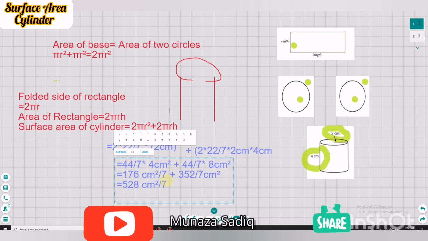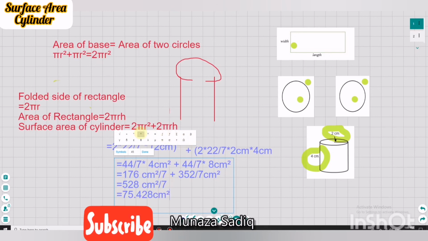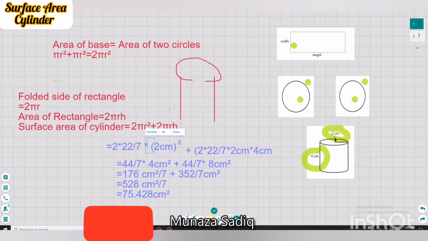If there is a decimal answer, after the point take 3 digits. 75.428 square centimeter is the surface area of this cylinder. I hope this video helps to understand how to find the surface area of a cylinder.